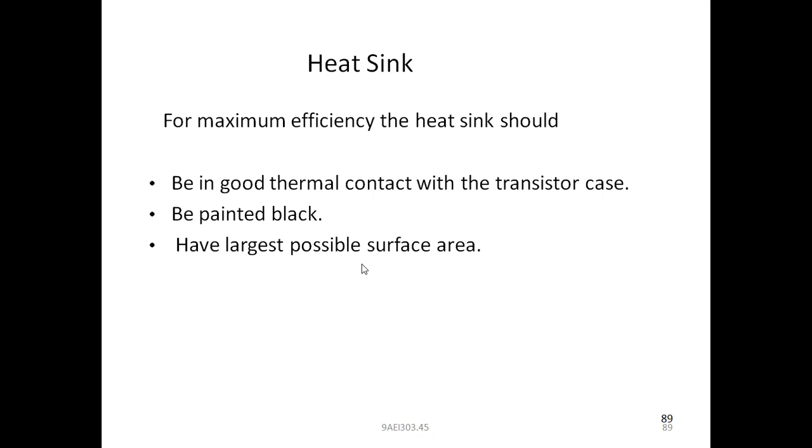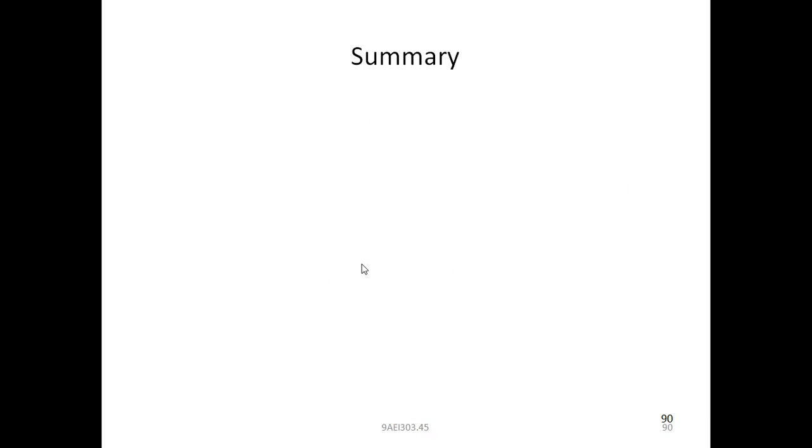It should have the largest possible surface area. The surface area must be high. It should be mounted in a position such that free air can flow. The airflow should be free around the transistor mounted on the heat sink.